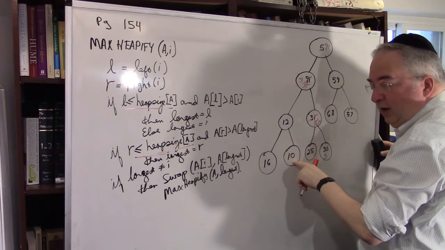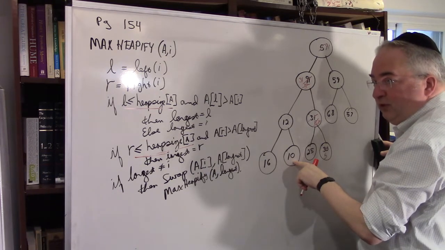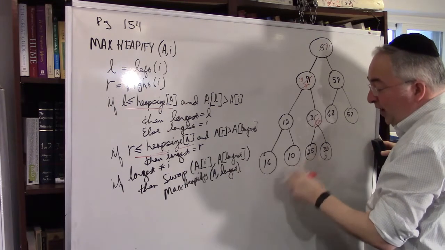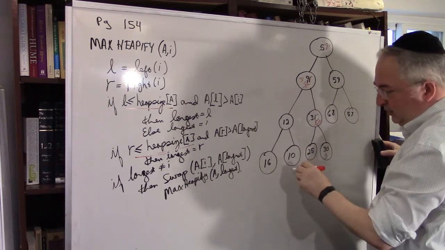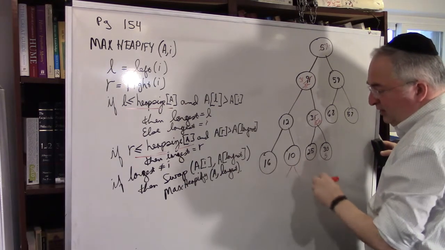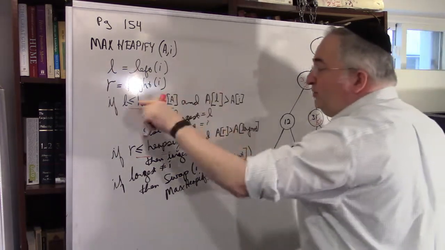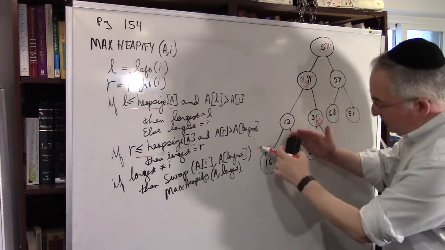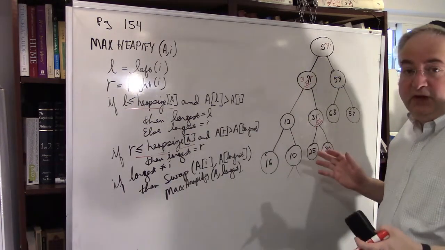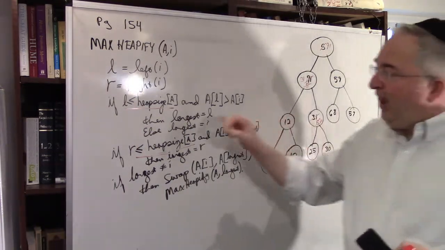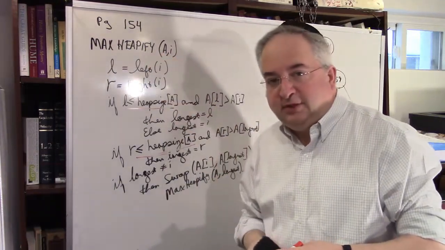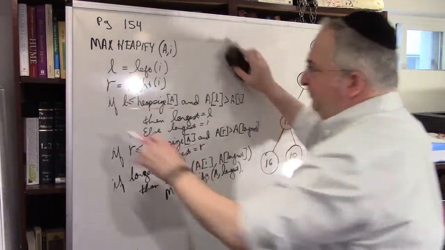His 2 children are in 9 times 2 is 18 and 19. Well, in the heap, there is no 18 and 19. There are no children at 18 and 19, and so we don't even do this comparison, because if you don't have children, this by itself is a heap, and so we leave it alone. So besides A, we have to keep track of how many elements are in A, and that's called the heap size.